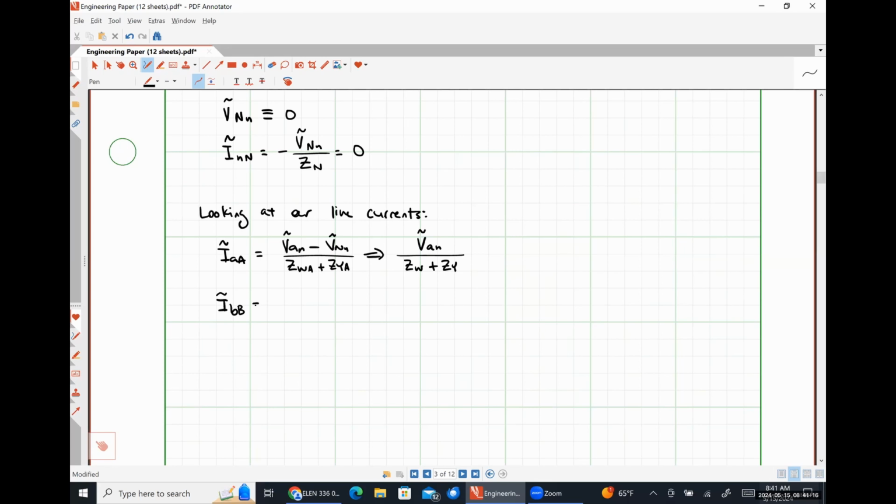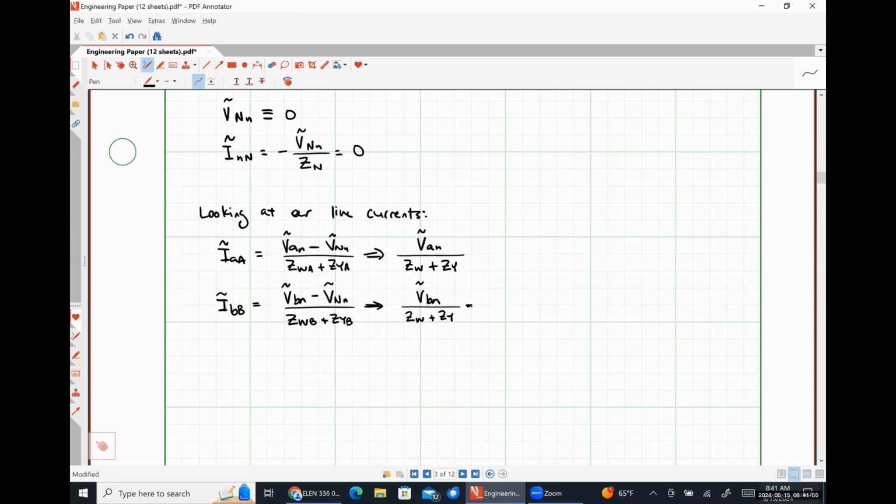Now let's look at our line current, IBB. Our original definition was VBN minus, excuse me, this should be VNN over ZWB plus ZYB. In a balanced system, this looks like VBN over ZW plus ZY, but let's take this a step further.